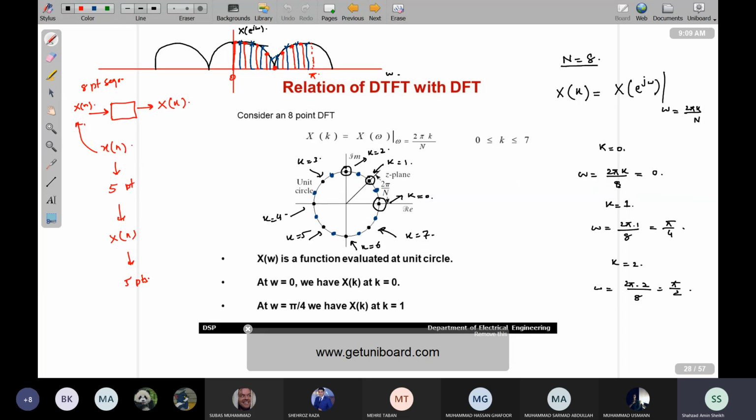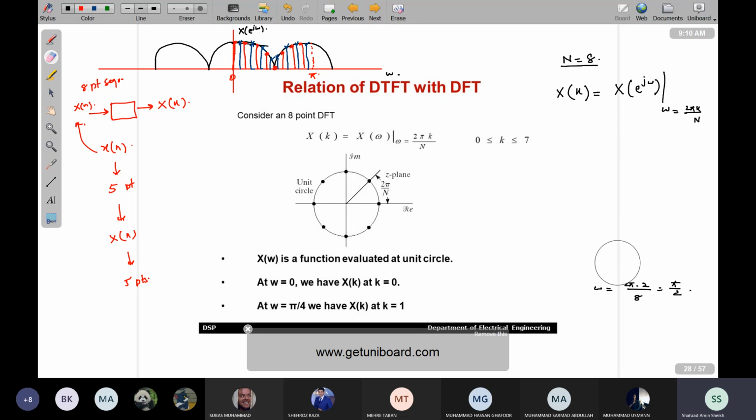Suppose this is my X of e to the j omega.